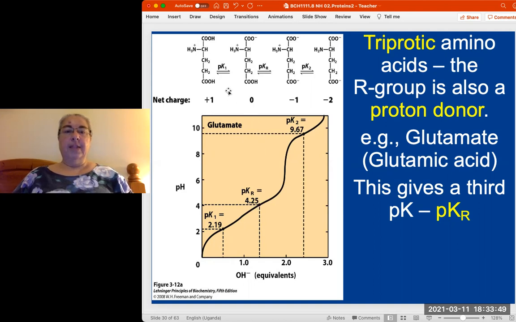So if we look up here to see what's happening, we can see here is the alpha carbon of the amino acid. Here is the amino group and the carboxyl group. And for glutamic acid, there is another chain of carbons ending in another carboxyl group.